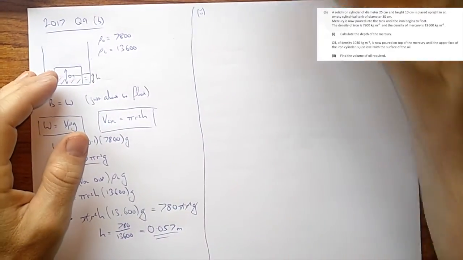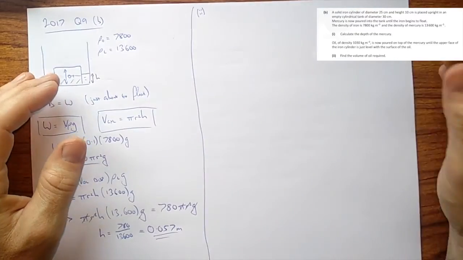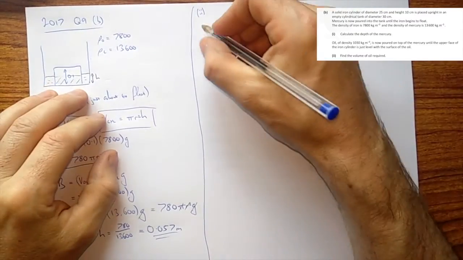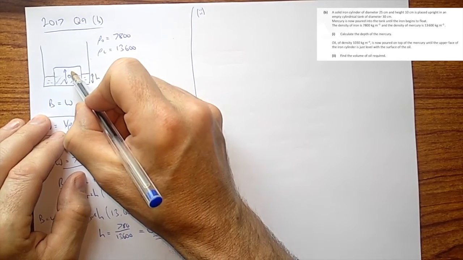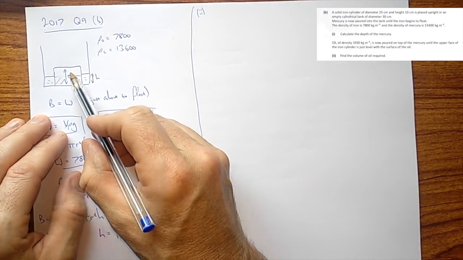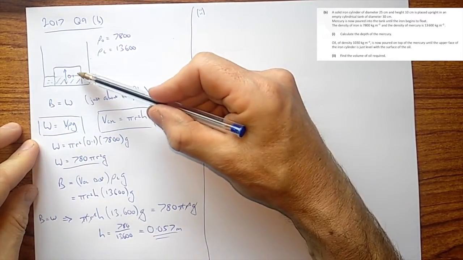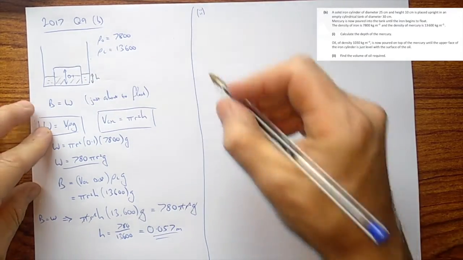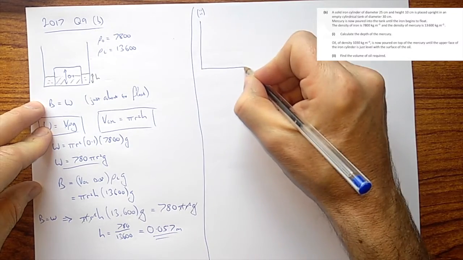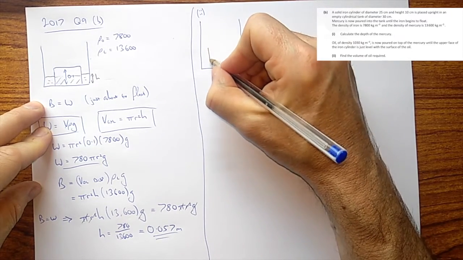All right. The key here is we've added some oil. But when we add a bit of oil, we are going to have an additional buoyancy force acting on the bit of the block that's submerged. Since it's just about to float, any additional buoyancy force is going to make it float. So our new diagram looks like this.